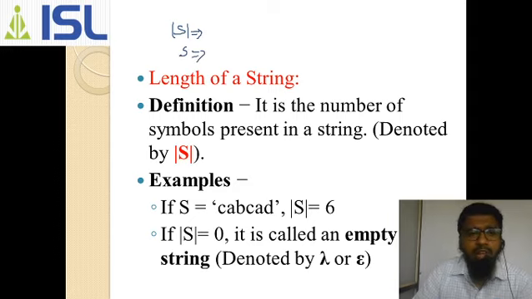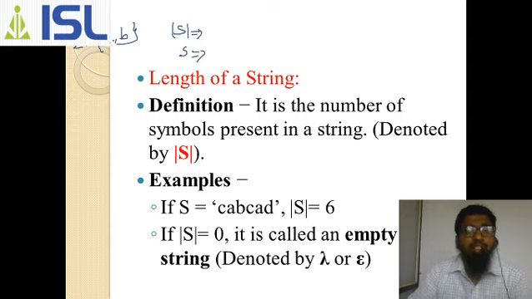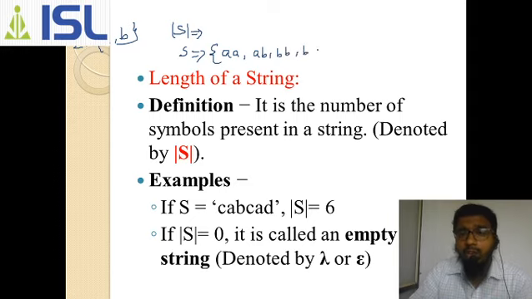Here I will take sigma is equal to {a, b}. What can we make from a, b? First we can make aa, then ab, bb, and ba. So these are strings.